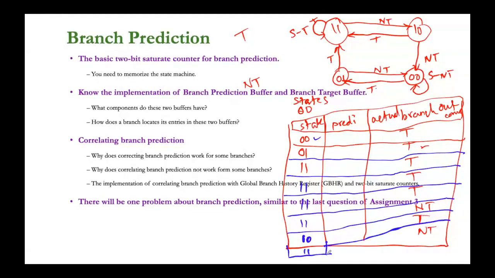In the 1 1 state, the branch outcome is not taken, so it will reach which state? It is the 1 0 state. Correct? Likely taken part. So first you have done these states. Are you following me? How these states are generated?